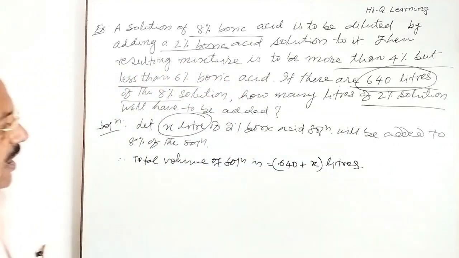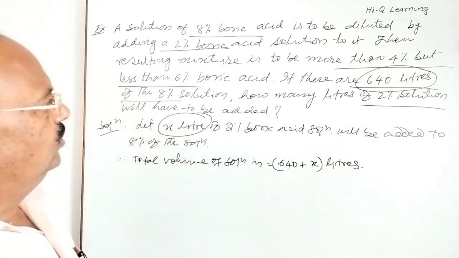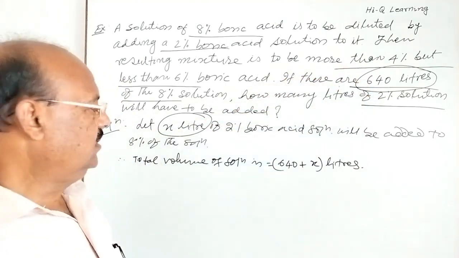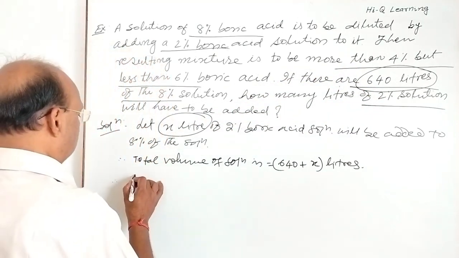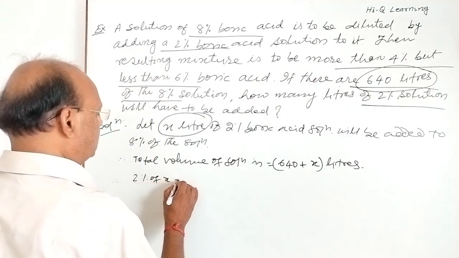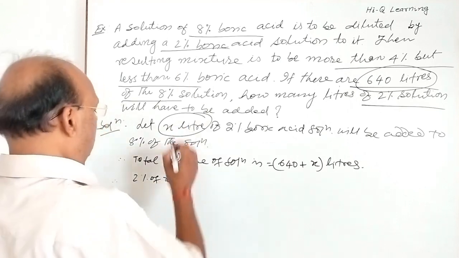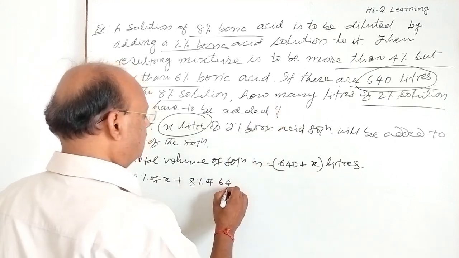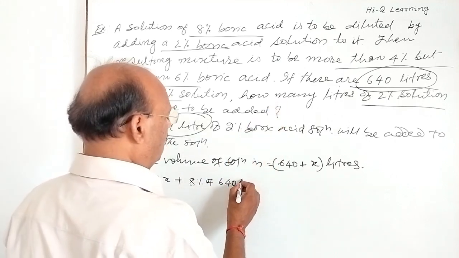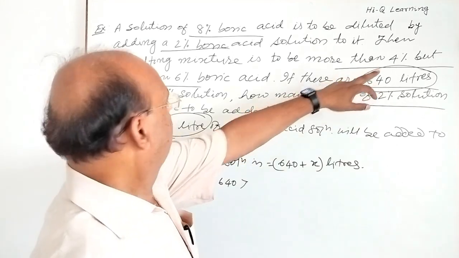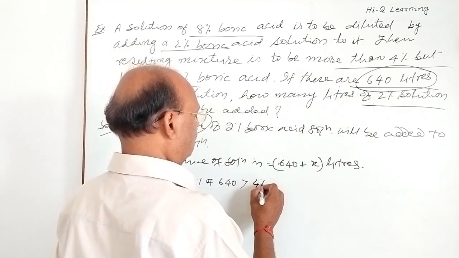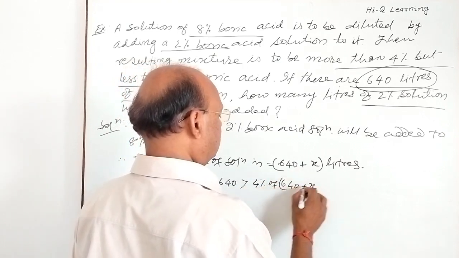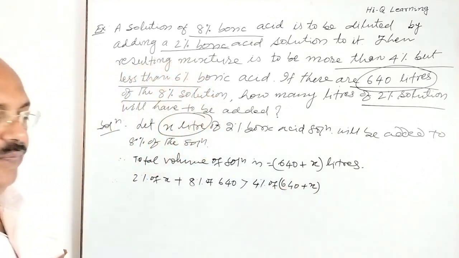Correct? And now the resulting solution should be greater than 4%. We can write here that 2% of X plus 8% of 640 should be greater than 4% of the total solution, 640 plus X. First case.